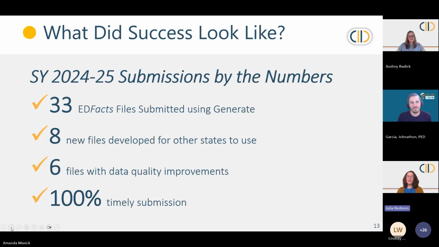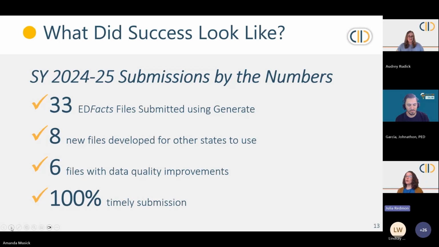And then really excited, 8 new files developed and available through Generate for other states to use. Those familiar with Generate, those are the pilot files, the ones that hadn't been fully developed or run through Generate before. So Tong led the effort in the development of those with Johnny's support, and those are now in Generate and available for other states to use.